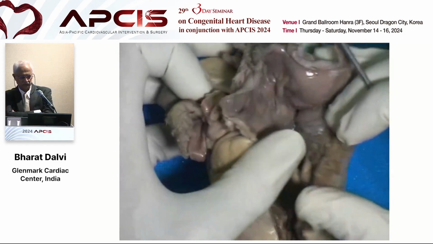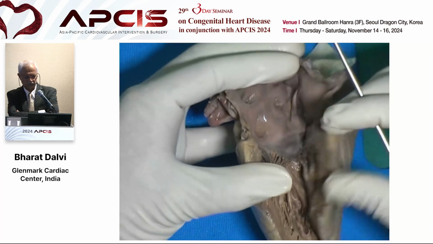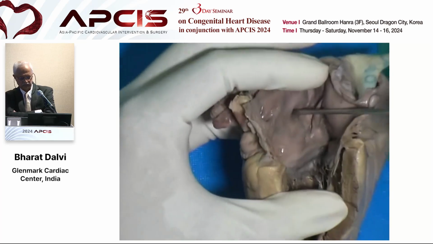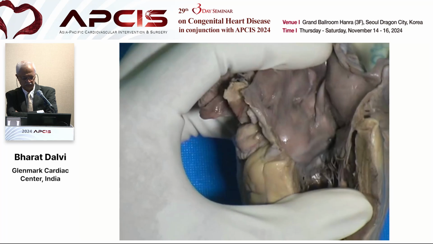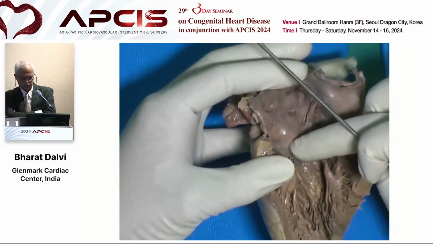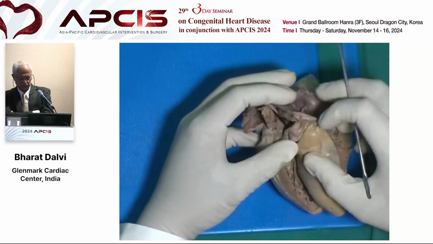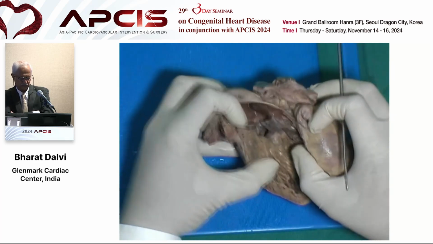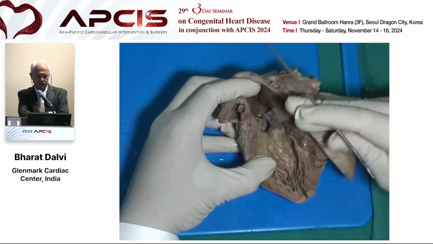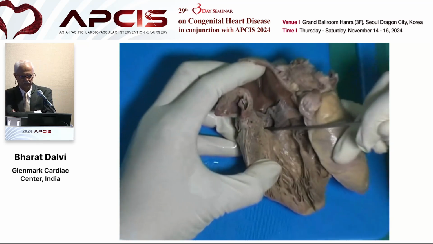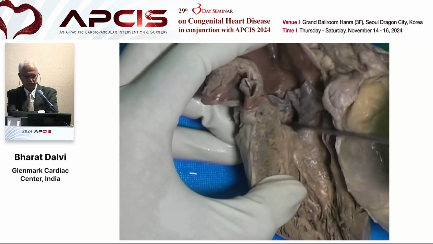Now we will see the left side of the heart. So this is the opened up left atrium with pulmonary veins along the posterior wall. This is the mitral valve. This is the left ventricle. This is the ventricular septal defect here, and you see this VSD.